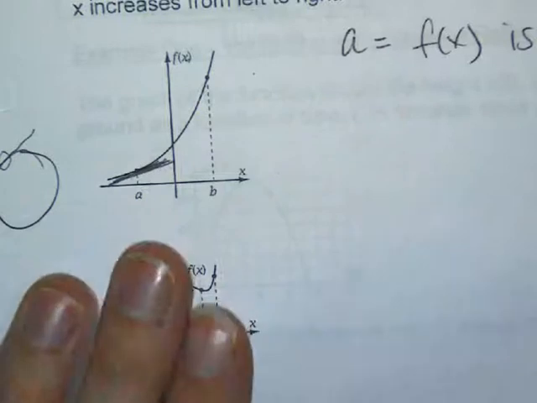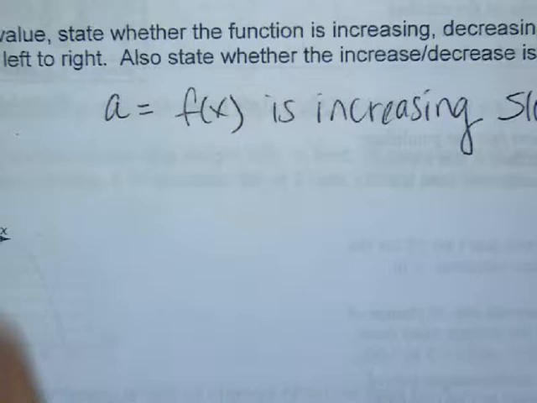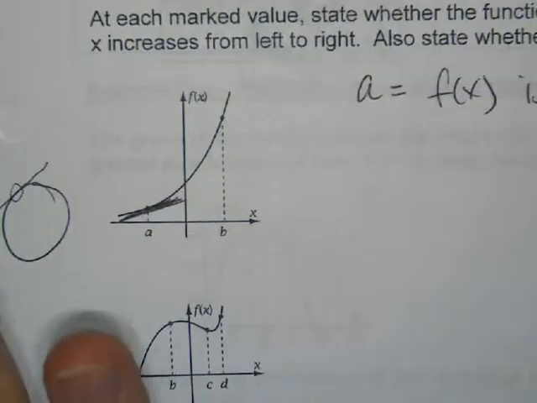Just sketch one in there, because I can tell better from the slope of a line whether it's going quickly or slowly. Is that a shallow line or a steep line? It's more shallow, so you would say f of x is increasing slowly. The rate of change is not fast there because we have a tangent line there that is pretty shallow.